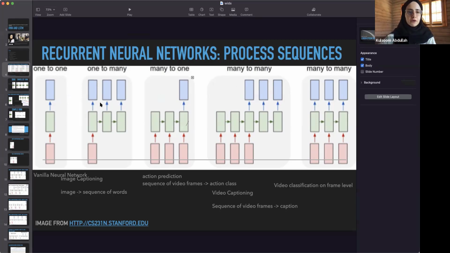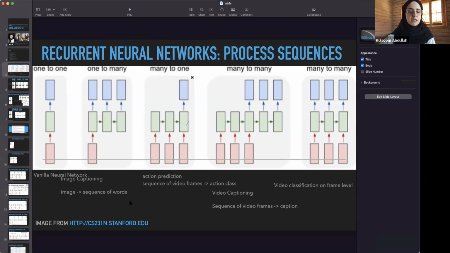With recurrent neural networks, that's everything on the right: the one-to-many, the many-to-one, and the many-to-many, which just means that you have the option of saying, I want one input but I want to predict multiple outputs, versus multiple inputs to one output, etc., or have many inputs and then many outputs.